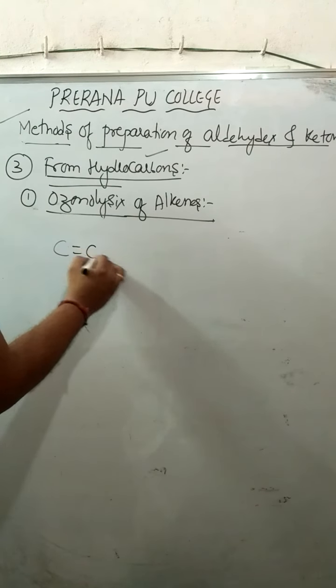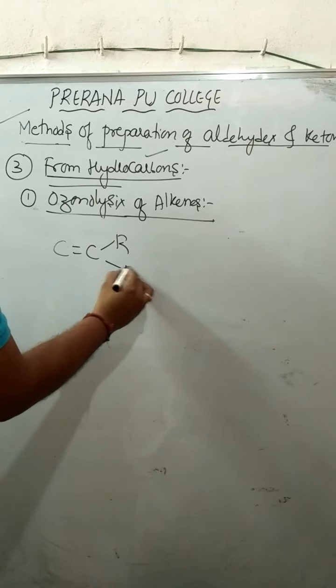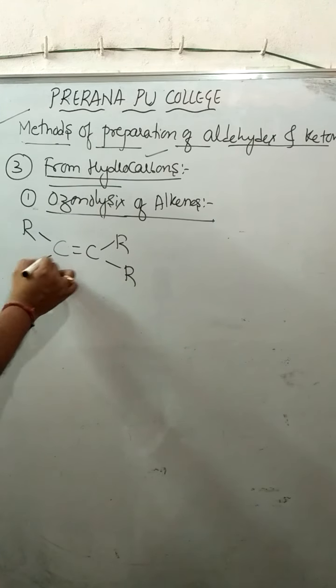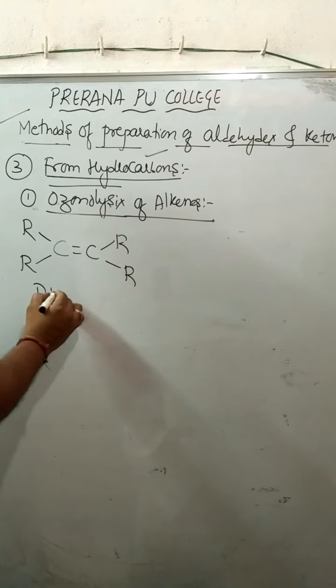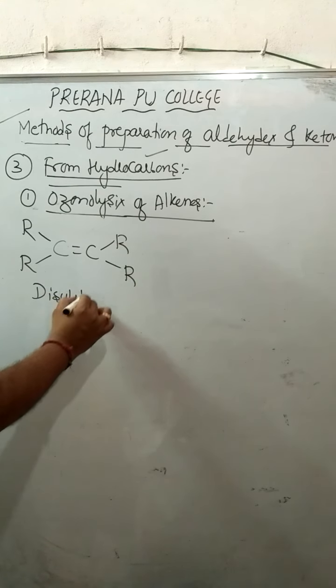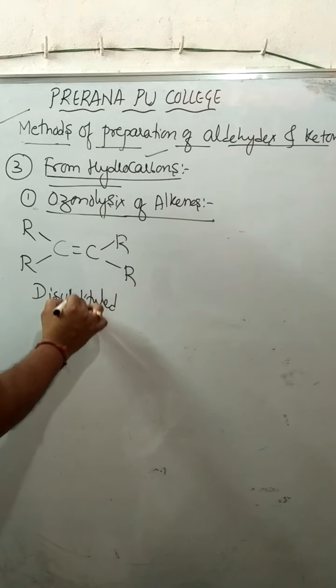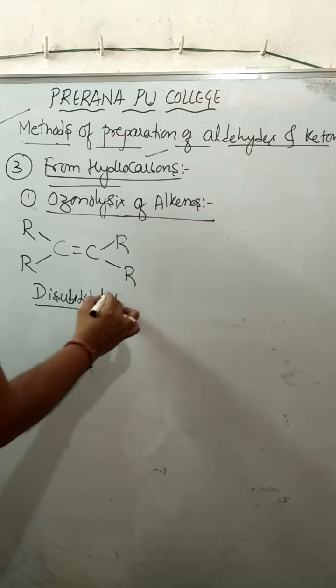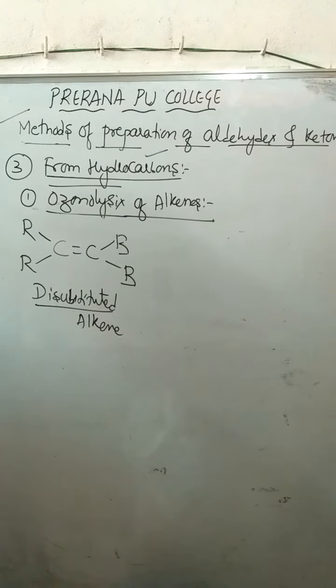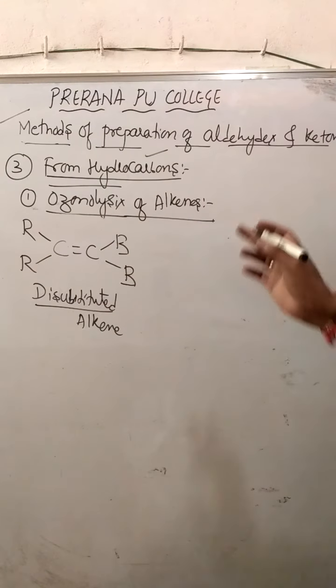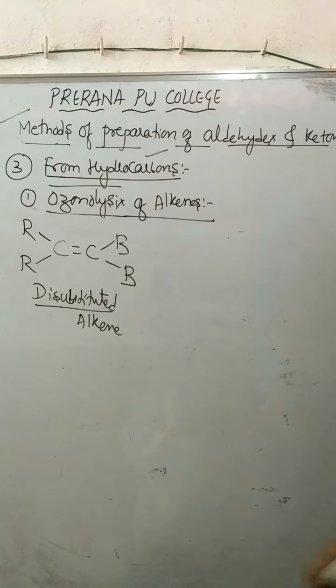For this, here also we are going to consider an alkene, but this is called what? A di-substituted alkene. Now a question comes, why is it called a di-substituted alkene? Because when we consider this alkene, both the hydrogens are substituted by alkyl groups. Hence we call it a di-substituted alkene.